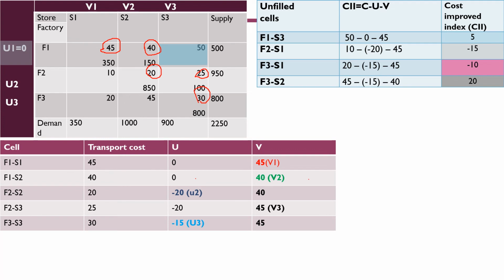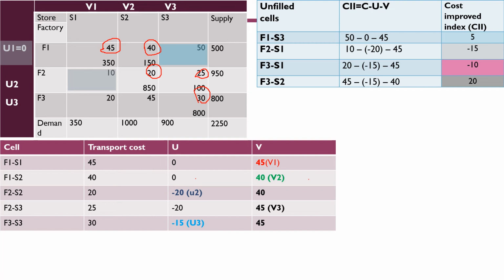Then the next unoccupied or unfilled cell is F2 S1. The transportation cost is 10. When we find the cost improvement index, we can see it is minus 15, which means by allocating to that particular cell, we can reduce the cost per unit by 15 rupees.